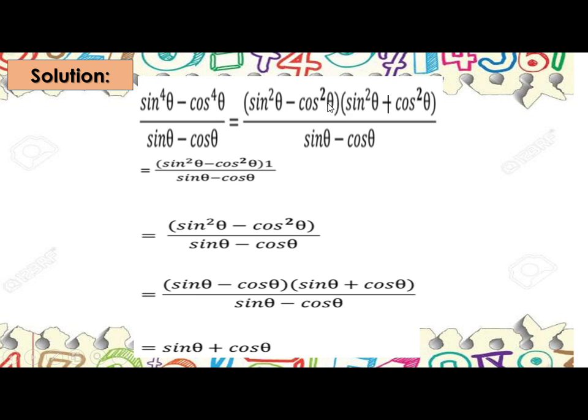If you multiply sine raised to 2 theta by sine raised to 2 theta, you will have sine raised to 4 theta, isn't it? And if you simplify this, the middle term will become 0, right? And for the last term, still remember the FOIL method: negative cosine 2 theta times positive cosine 2 theta is equivalent to negative cosine 4 theta. So this factor is equivalent to this one.